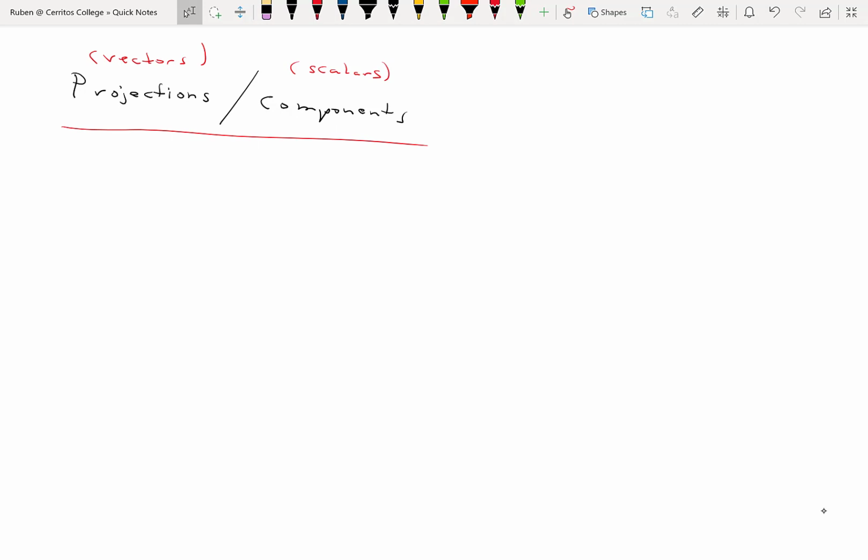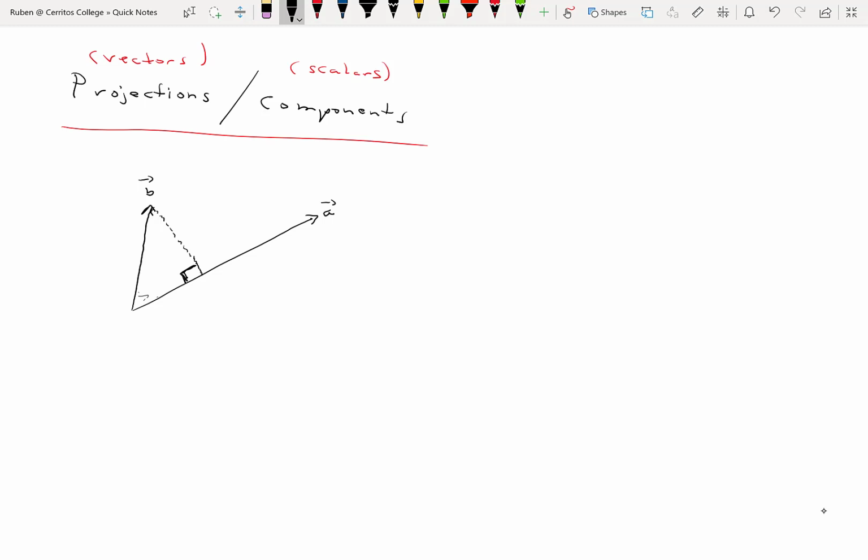Okay, so here's what I mean. I think the best way to do this is by drawing an example. So here's a vector, let's say a vector A. And let's say I have another vector B, and I draw that vector B so that A and B are tail to tail. And suppose I drop a perpendicular from the tip of B to A. So this is supposed to be 90 degrees.